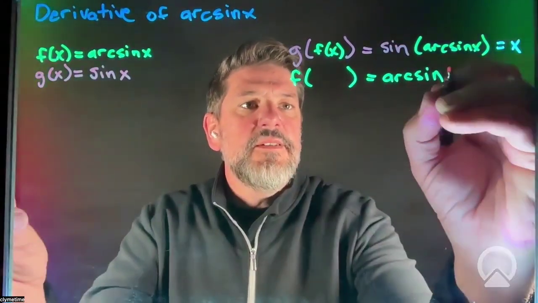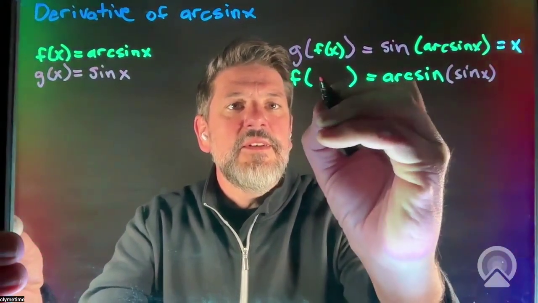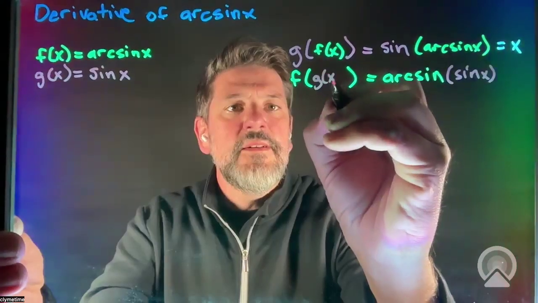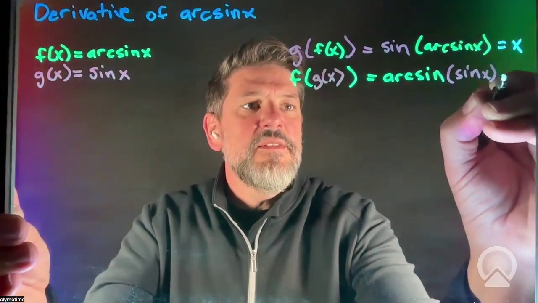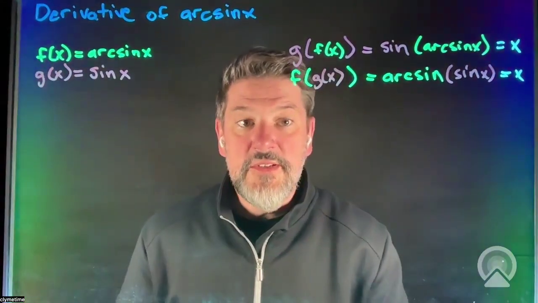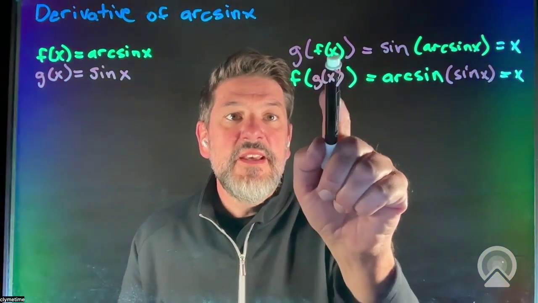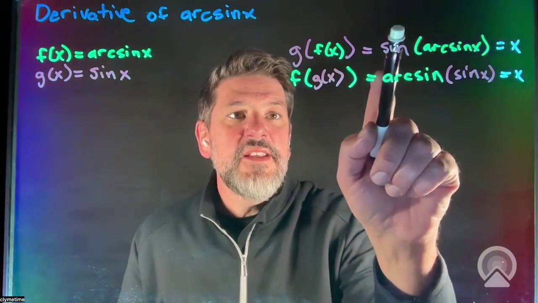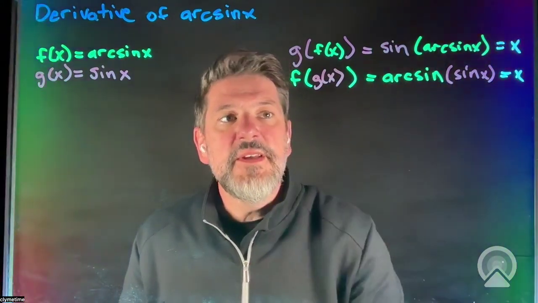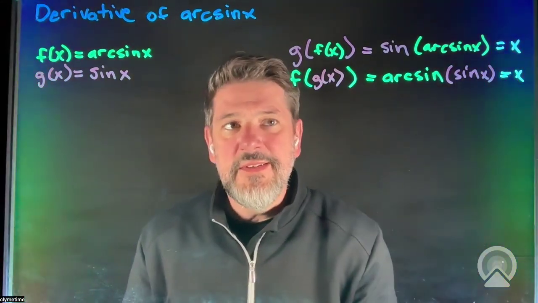So I'll put in sine of x there, put in g of x here, and that's going to equal x. So by definition, inverses sort of undo each other. When we compose them and take the output of one function and make it the input of the other, if you're taking a function's inverse, it comes out to be x. It doesn't matter which way you go, it'll come out to be x in either case.